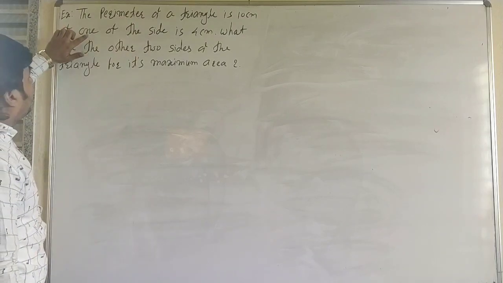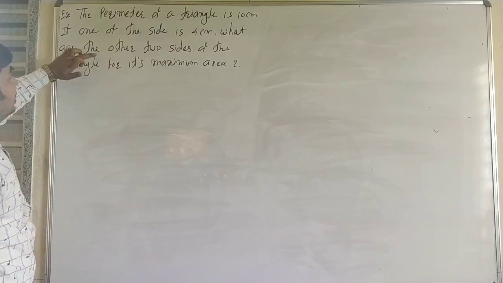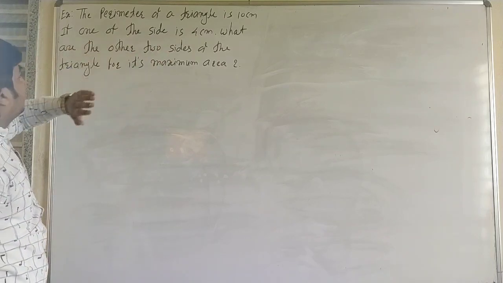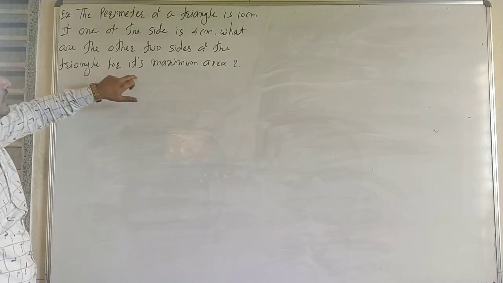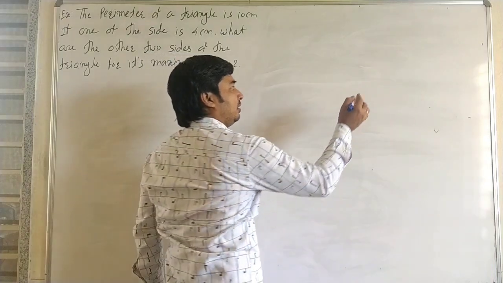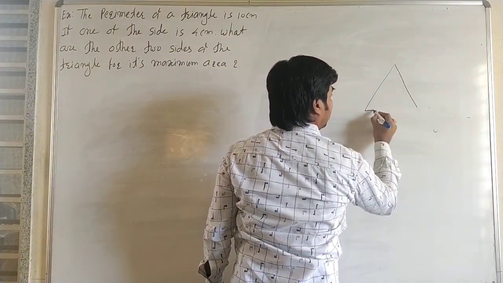If one of the sides is 4 centimeter, what are the other two sides when the triangle has its maximum area? Now, when 3 sides are given, we know the area of a triangle.